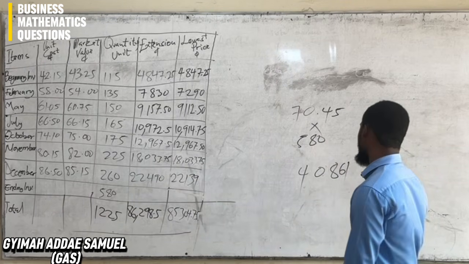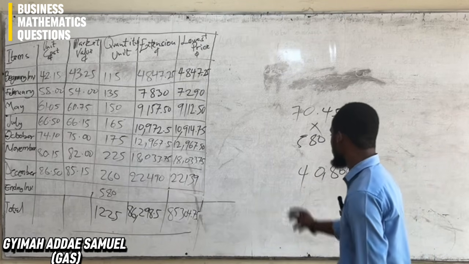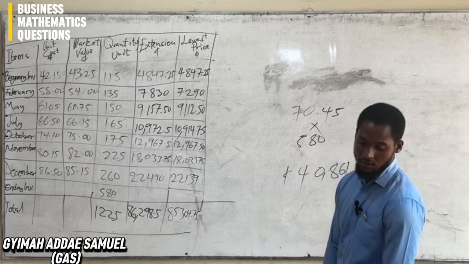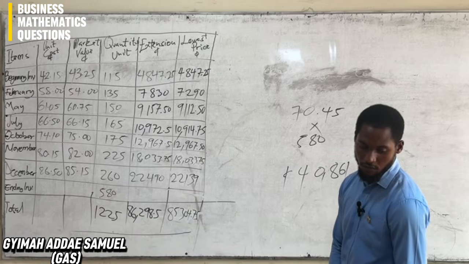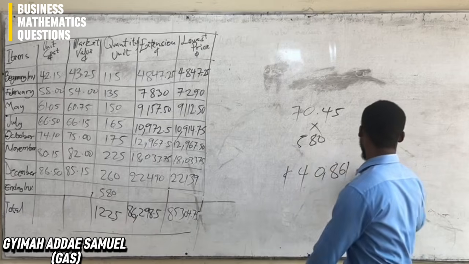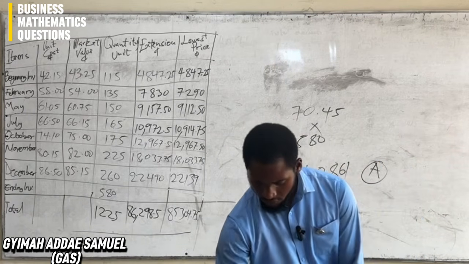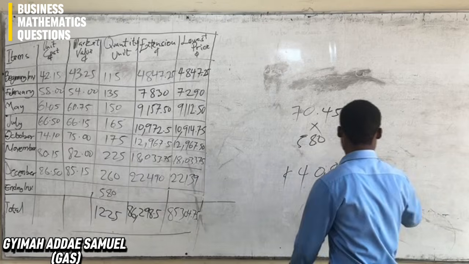So when you multiply, you are getting 40,861 cedis, making question 14 A. We move on to question 15.